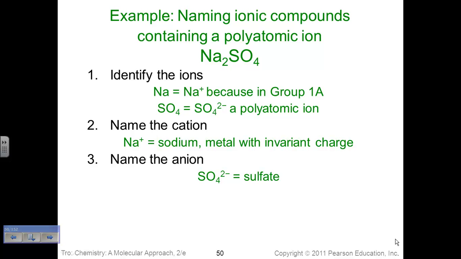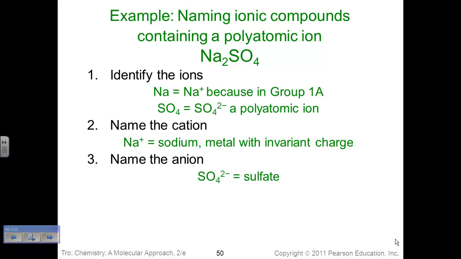Name the positive, sodium. Sodium, it lives in group 1A. We know its charge. It's one of those metals that has an invariant charge. It does not change depending on what it hooks to. Na is always the sodium ion. SO4 is the polyatomic ion called sulfate. SO4 carried a -2 charge.